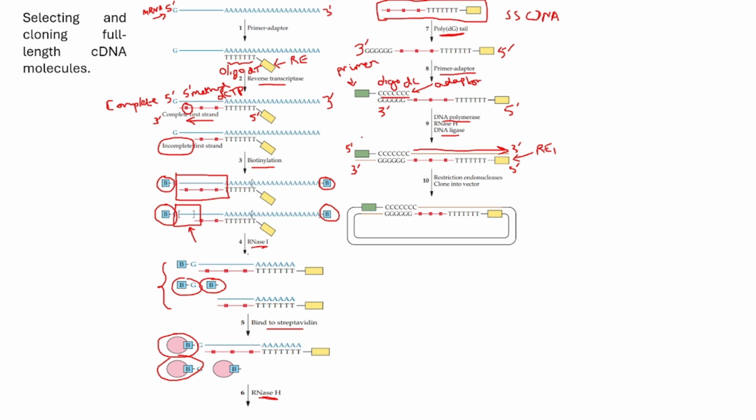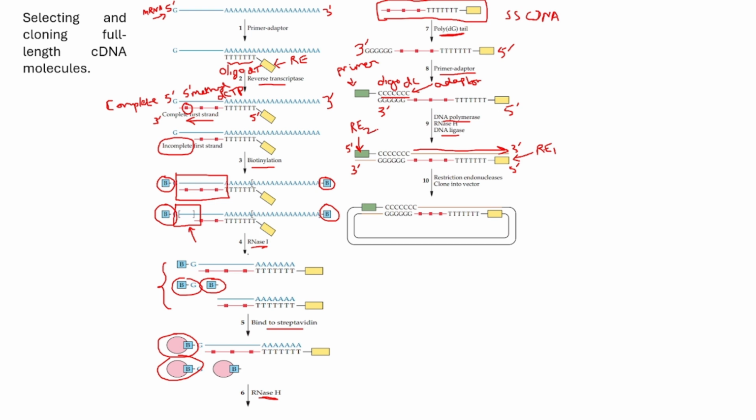And those who have done primer designing, they know that we can give restriction sites within the primer also. So in this primer you will have another restriction site. Right? Yes or no?